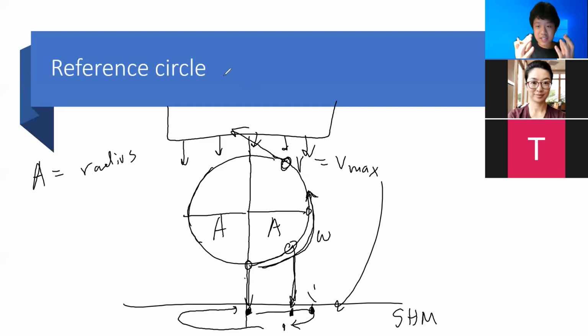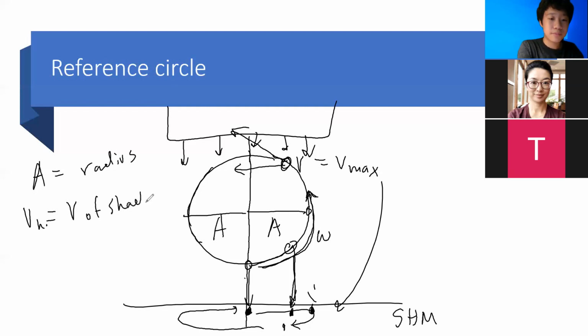Because since the position of the object is a projection, then the velocity is also a projection, which means that the horizontal component of velocity at any point, v horizontal, is the velocity of the shadow. All right, so the horizontal component of velocity of the bead in the circle at any point is equal to the velocity of the shadow.